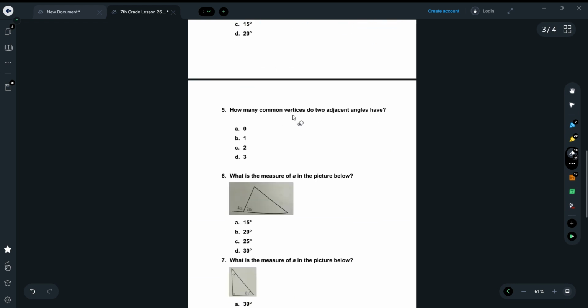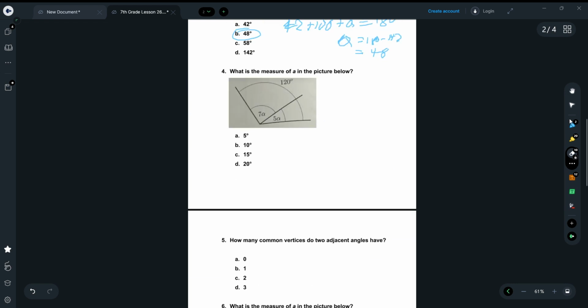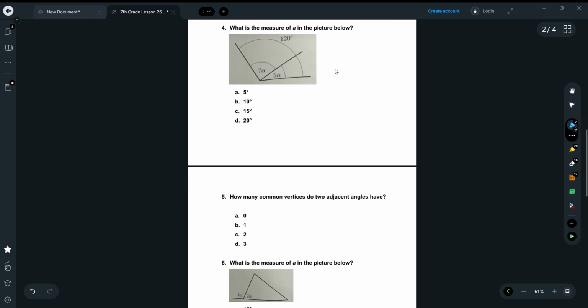Okay, number four. What is the measure of angle A in the picture below? In this picture, it says the whole angle is 120 degrees, and then we have 7A and 5A. It's asking for just A. So again, this is exactly like the first question.